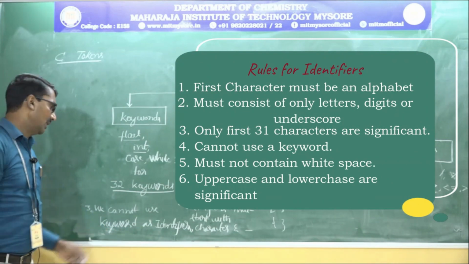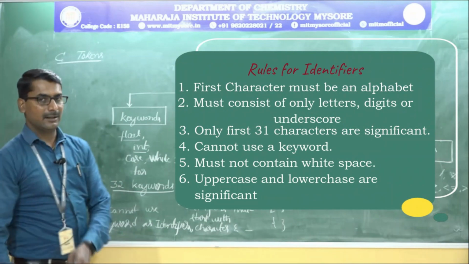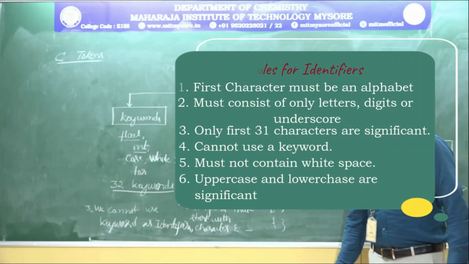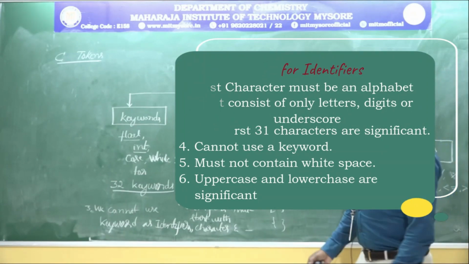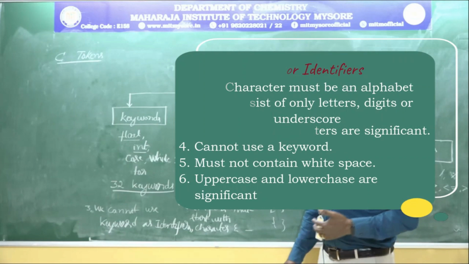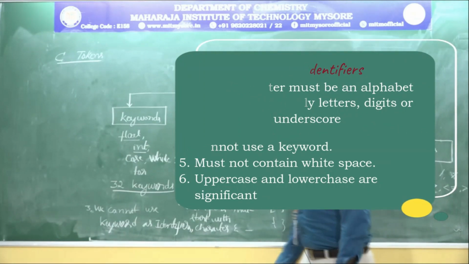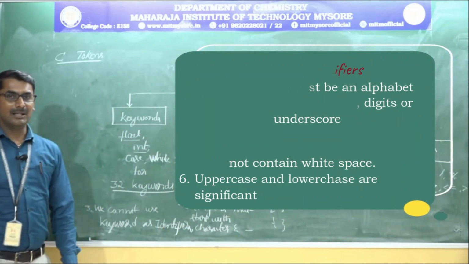That is the third rule. The next rule is that small letters are different from capital letters, because C identifiers are case sensitive. For example, capital Sum is different from small sum. Usually the length of the identifier must be less than 31 characters.